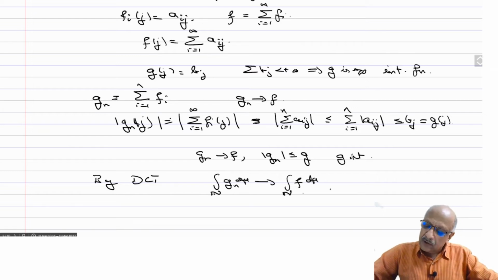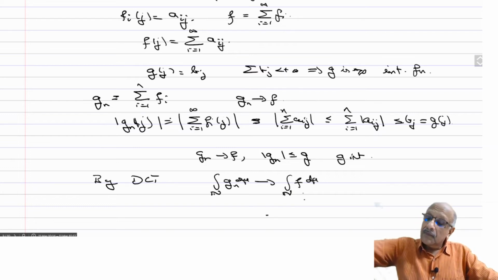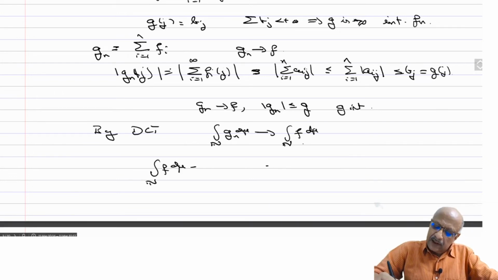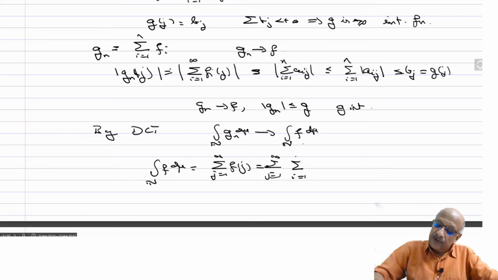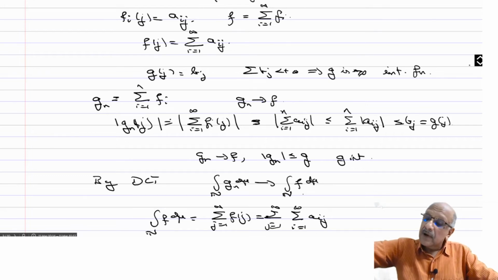So let us write down both these sides. So the right hand side, the integral of f d mu over N is nothing but the sum from j equals 1 to infinity of f of j, and that's equal to the sum from j equals 1 to infinity of the sum from i equals 1 to infinity of a_ij, because f of j is the sum from i equals 1.